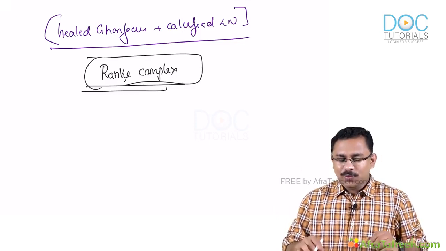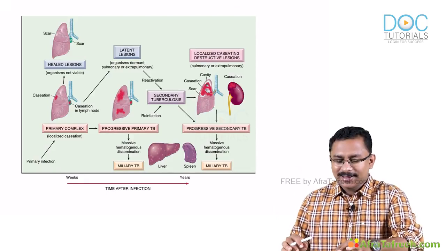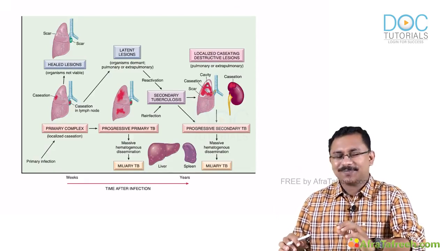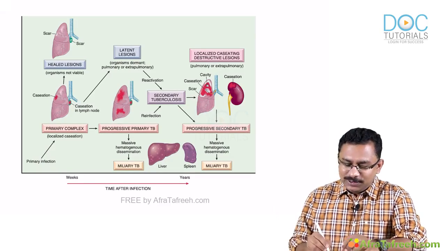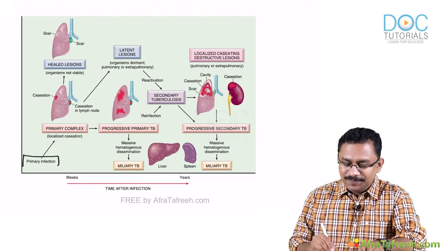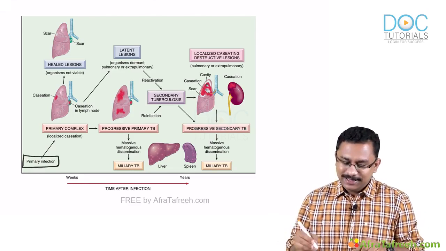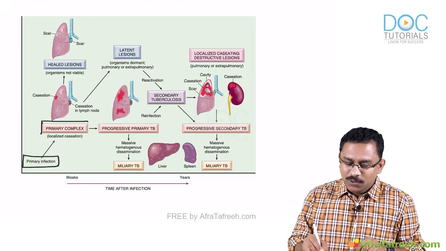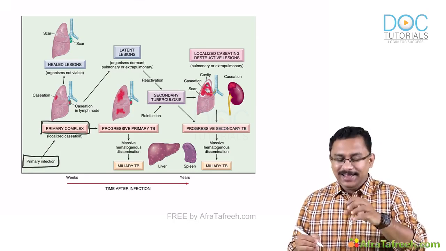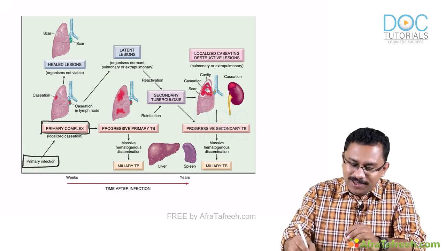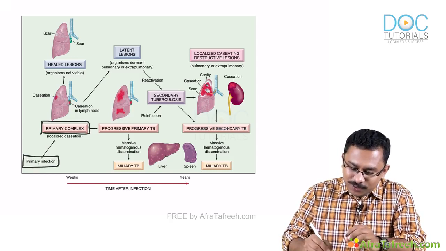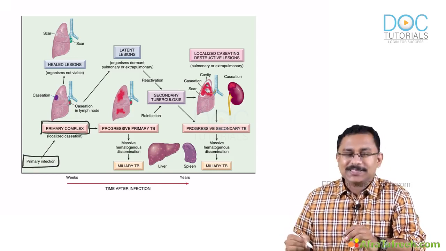Now let me take you to a picture in Robbins textbook, if you are familiar with this. You see here there is a primary infection. The bacilli have entered Mr. X's lung, and in the lung they have formed the Ghon focus. This is your Ghon focus.